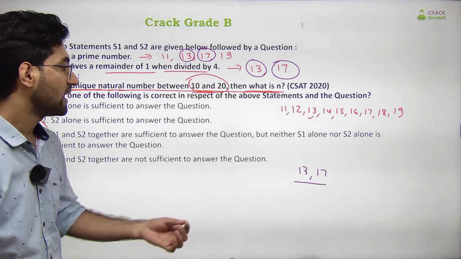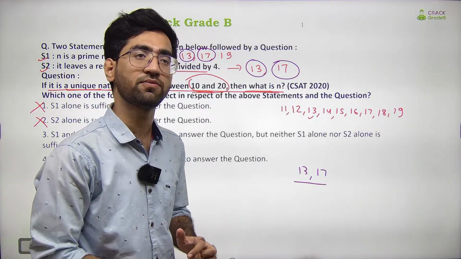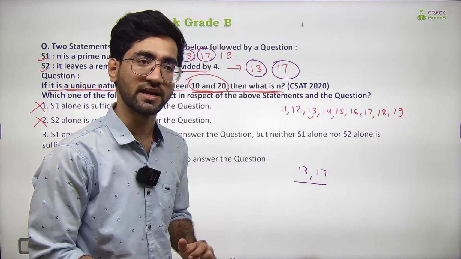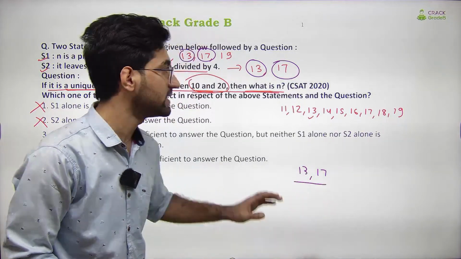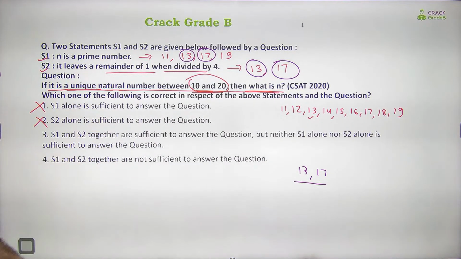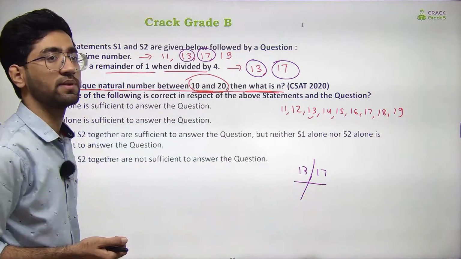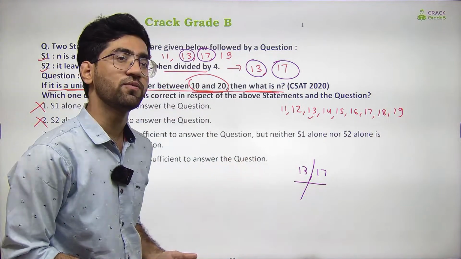Now tell me, are you able to find a single value for n? No. 13 and 17 satisfy both statements, but still you are not able to fix one value for n.